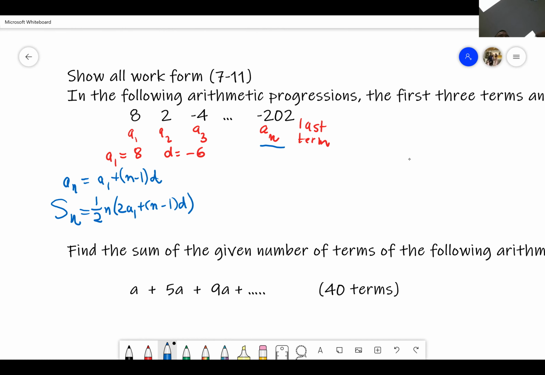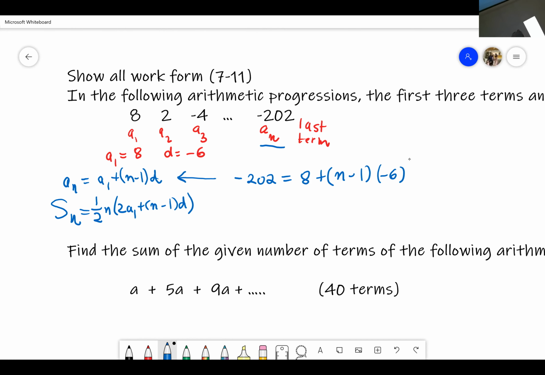All right, so what is the term? The term is -202. The first term is 8, right? I'm using this formula here. I don't know what n I'm at, but I hope that when I'm done solving this equation for n, I'm going to arrive at the number of terms.